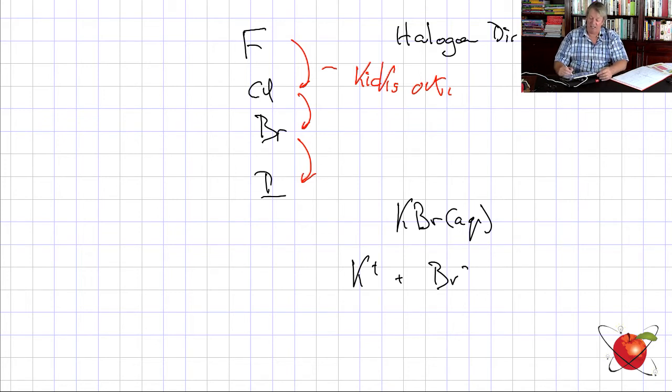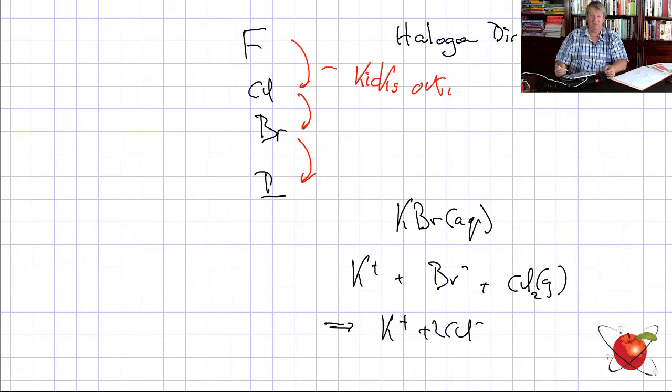Now let's say we put chlorine gas into this. What does it mean? It means when the chlorine gets in there, the chlorine kicks the bromine out. So essentially the next step would be the chlorine is going to dissolve, and we're going to have KCl, and I know we've got a 2 there, but I'm not really worried about the balancing.